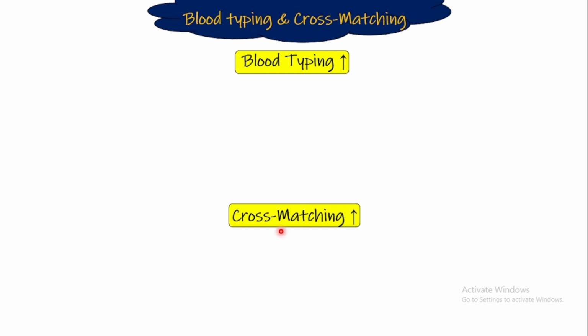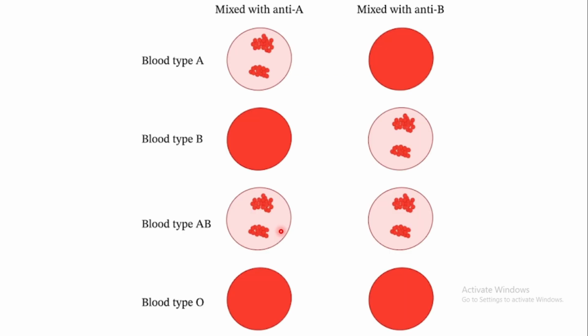So let's first discuss blood grouping and blood typing and how it is actually done. It is done in a simple way. We take the blood whose blood group we want to know, centrifuge it and remove the red blood cells. Then we take a slide and place 2 drops of blood on it.